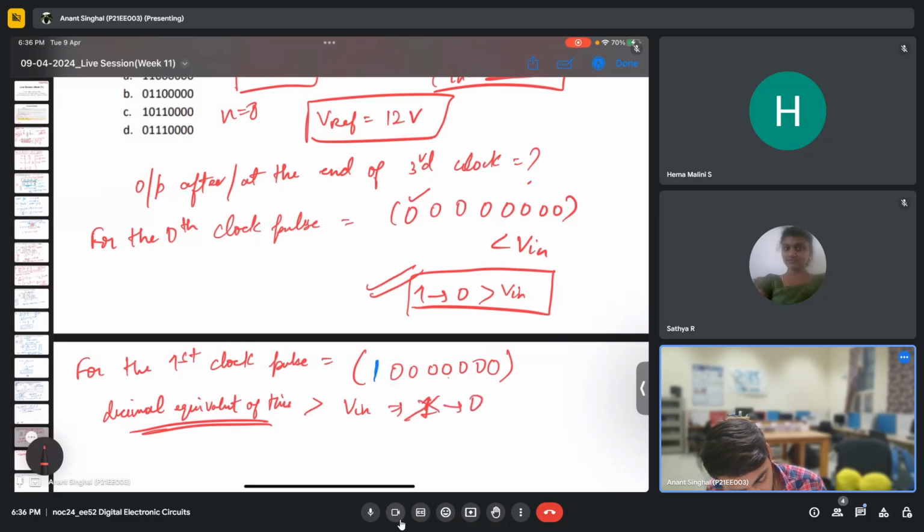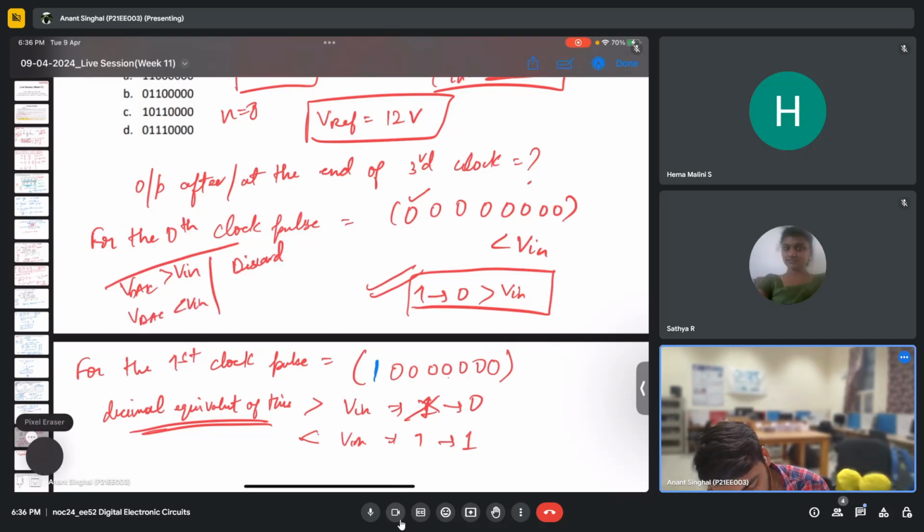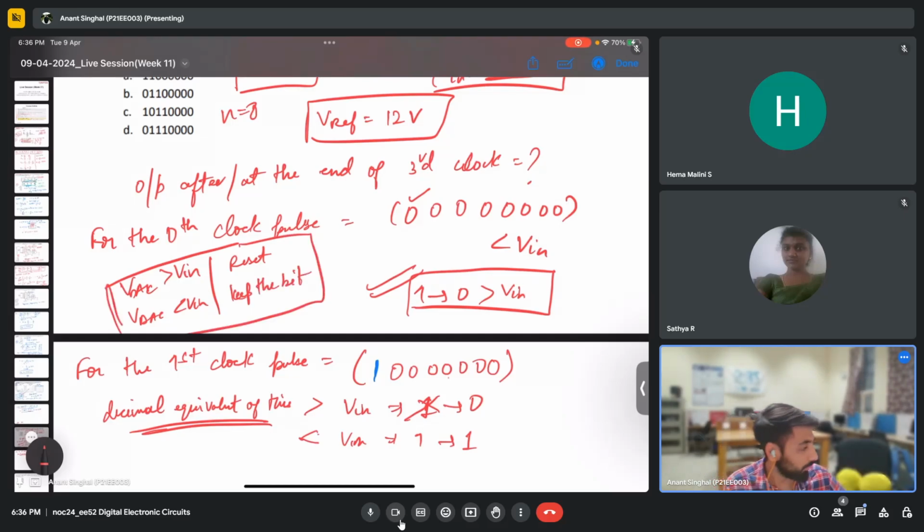And if it is less than V in, then this 1 remains 1. So we can write: if VDAC is greater than V in, then discard the 1. If VDAC is less than V in, then keep the bit. We'll just apply these things.